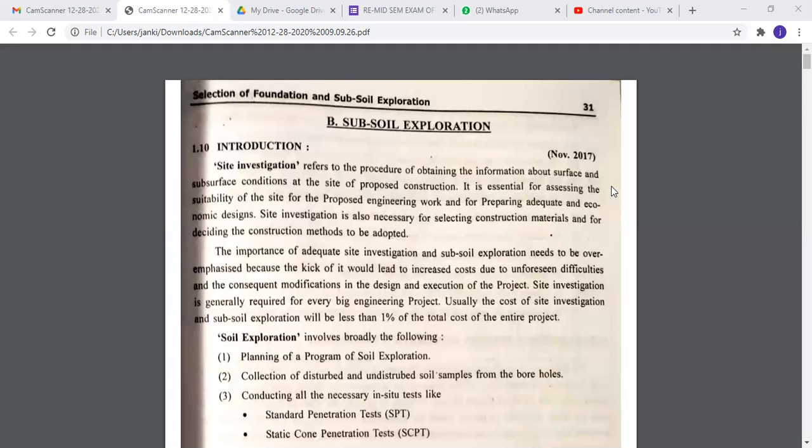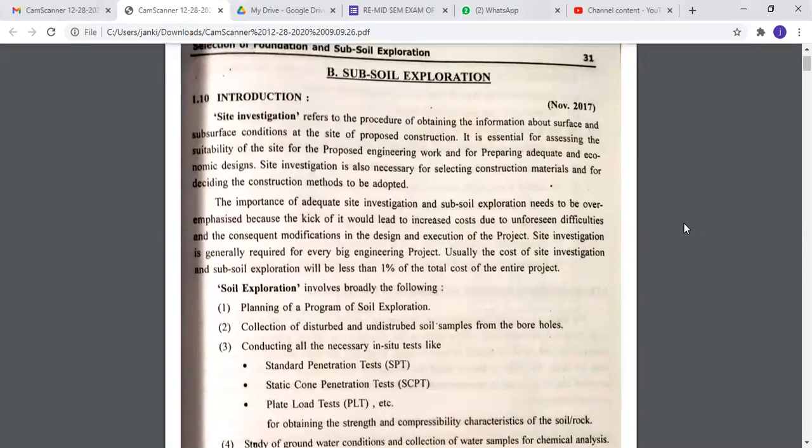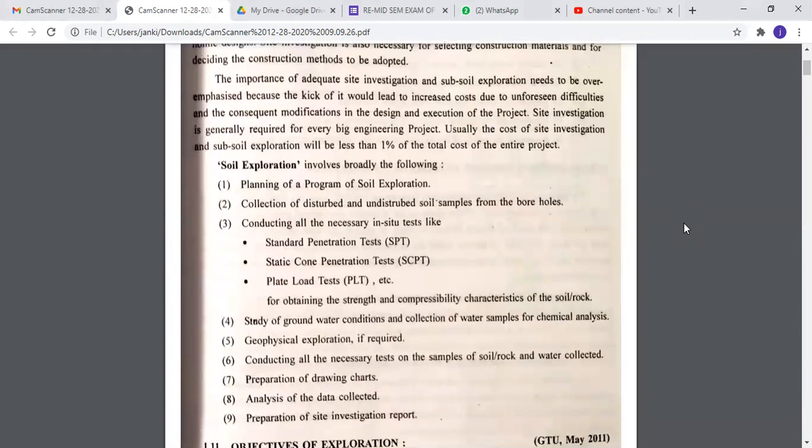So this soil exploration broadly involves the following, right? The first one is planning of the program of soil exploration. We have to make a simple plan of where soil exploration is to be done, in which area and which places, and at which time.